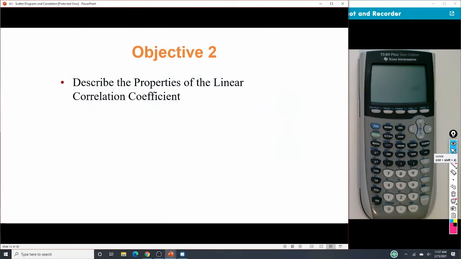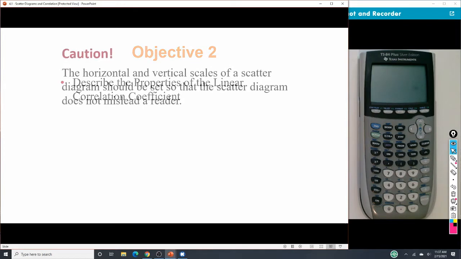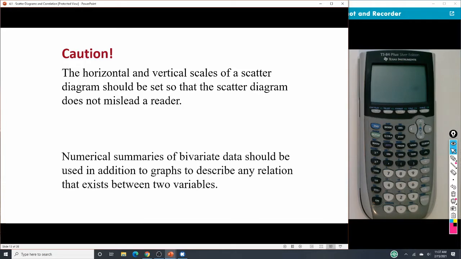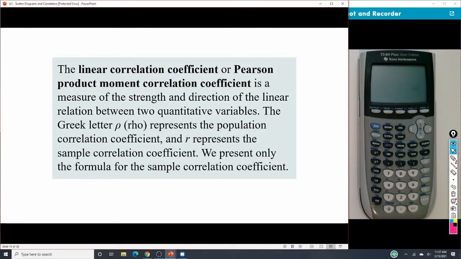Okay. All right, so now we want to be able to look at the properties for those, okay? So never mislead our reader with those. And we have what's called the linear correlation coefficient, okay? We're going to mainly focus on R because we're going to be looking at samples. So when they talk about R here, we're looking at the sample correlation coefficient.